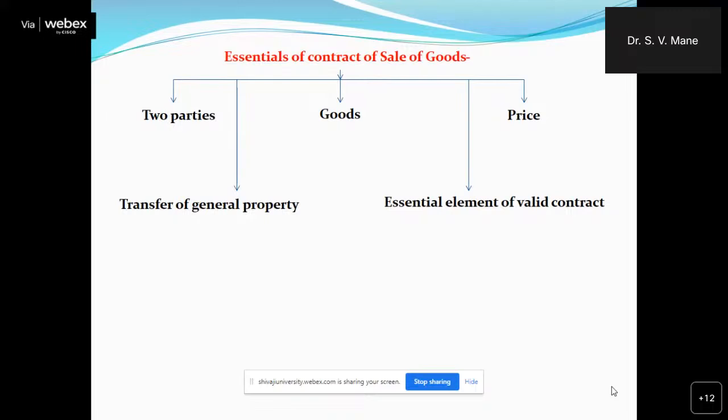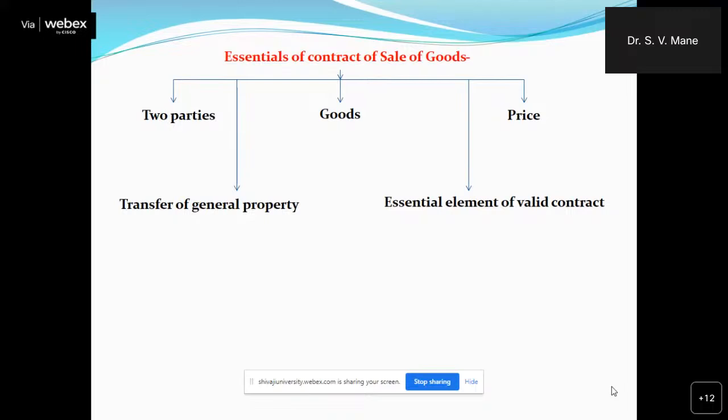Then the fourth one is transfer of general property. There must be a transfer of general property from the seller to the buyer. For example, if A owns certain goods, he has general property in the goods. If A pledges such property to B, then B has special property in the goods.